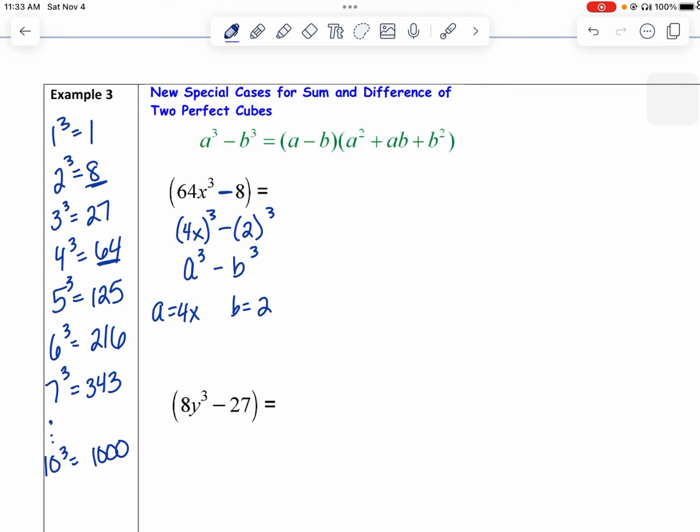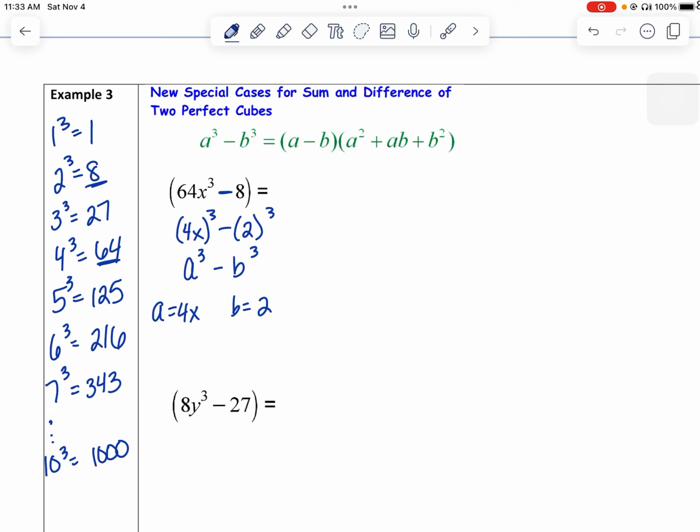And the formula is you take a minus b, and then you do a squared plus ab plus b squared. And so plugging that in with the values for a and b that I found would be 4x minus 2 for a minus b.